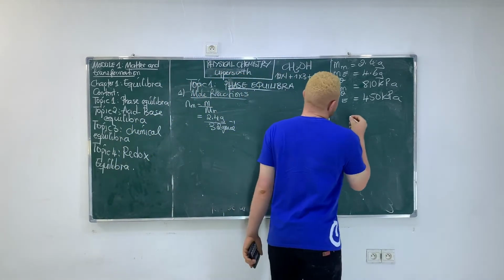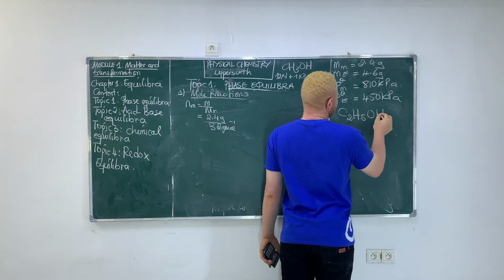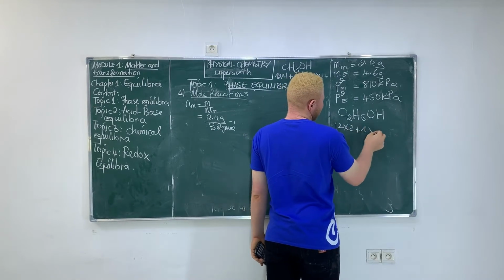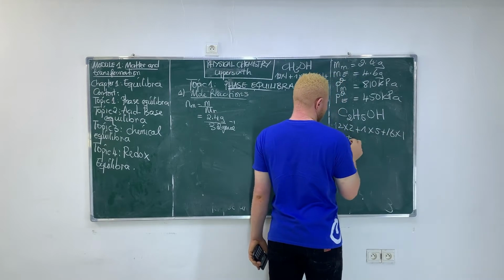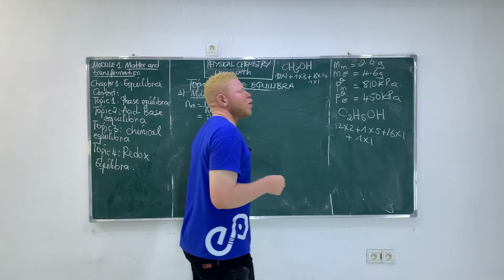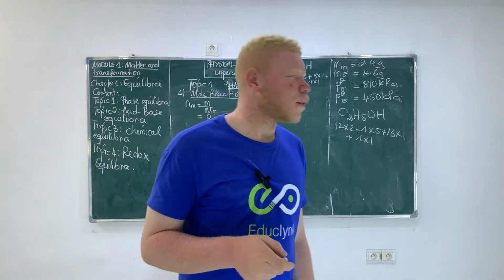Ethanol, we also have to calculate the number of moles. Ethanol is 12 times 2 plus 1 times 5, 16 times 1, plus 1 times 1 for hydrogen. In this case, I'm making use of the relative atomic masses.